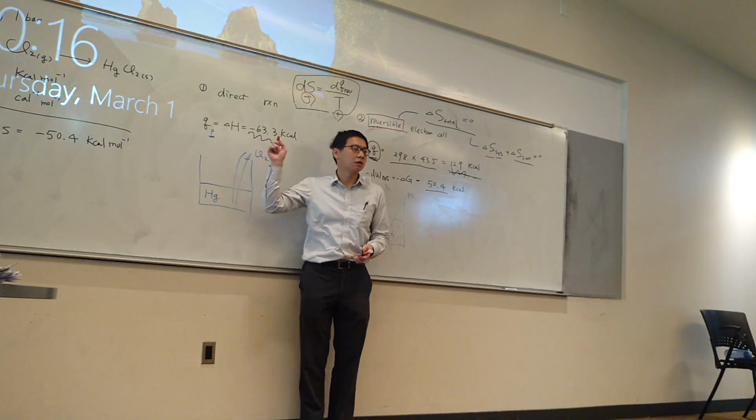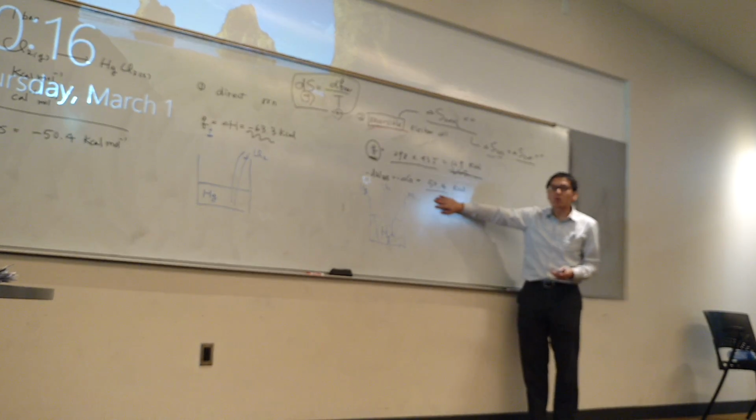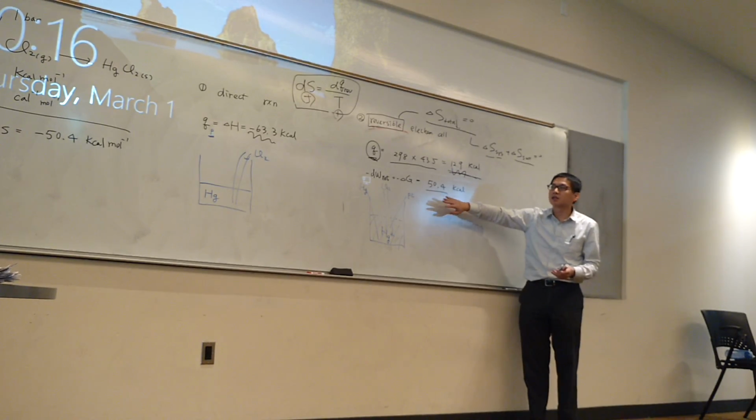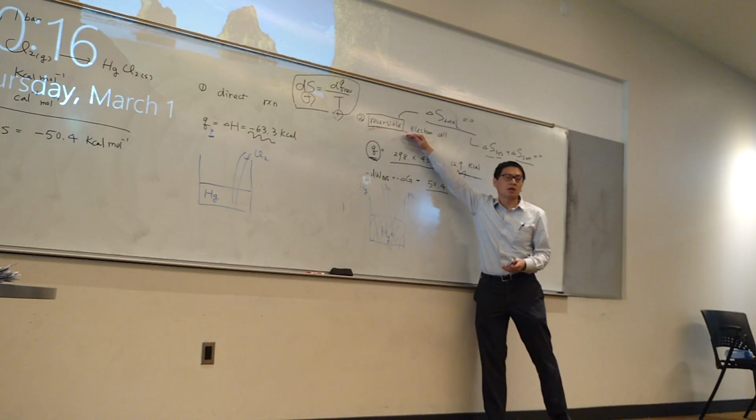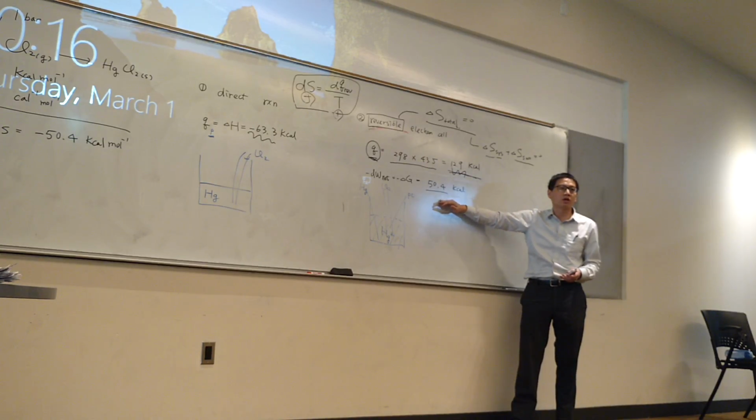This also tells you this is the maximum work you can have, right? And this is only possible when you have reversible processes. If today you have an irreversible process, then the work you can do is less. That means the heat you are going to release will increase.